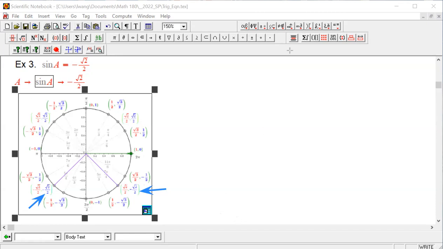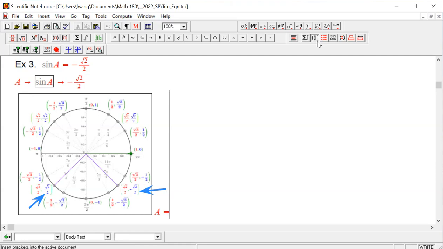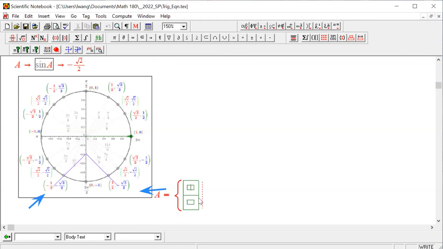So now let's write down the solution. And of course, we have 2 forms. Oh, look at that, so ugly. Forgive me. So now I'm just going to write it down. So here, this is going to be -pi/4 plus 2k pi.